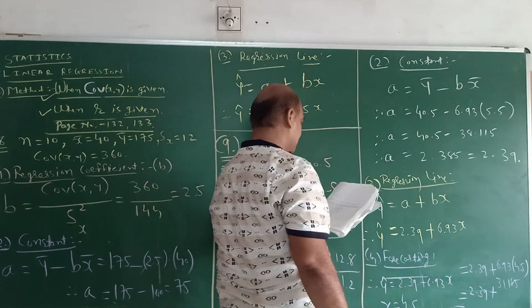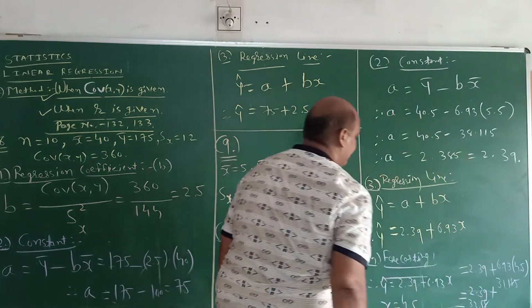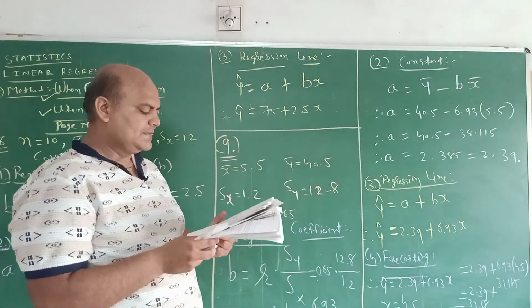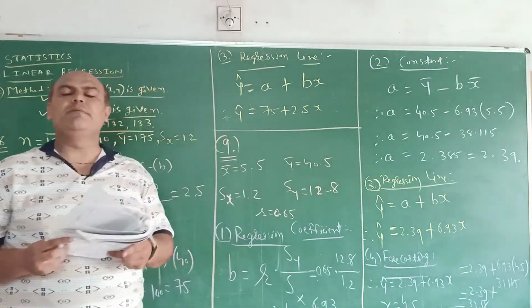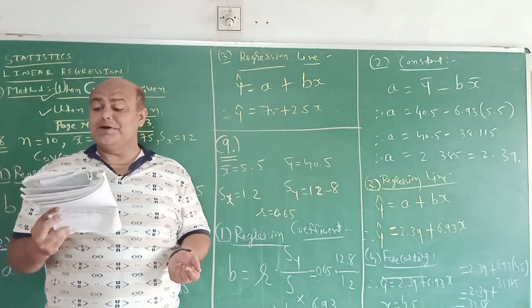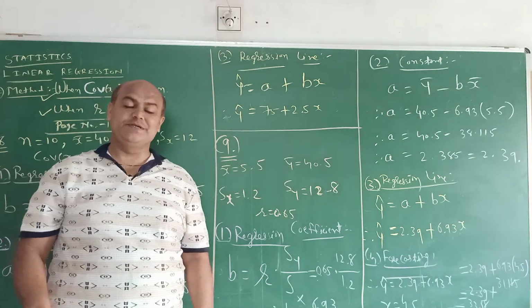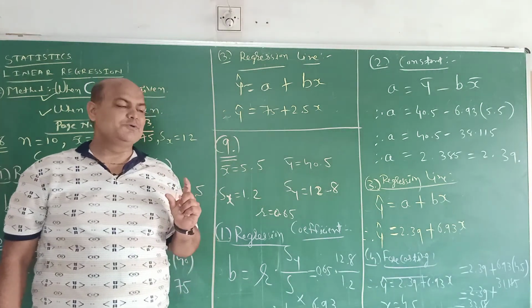So the final answer is 33.58. At last we have to write the sentence. When the annual income of family is rupees 4.5 lakh, then the estimated investment in mutual fund is 33.58 thousand rupees, because it is in thousand.